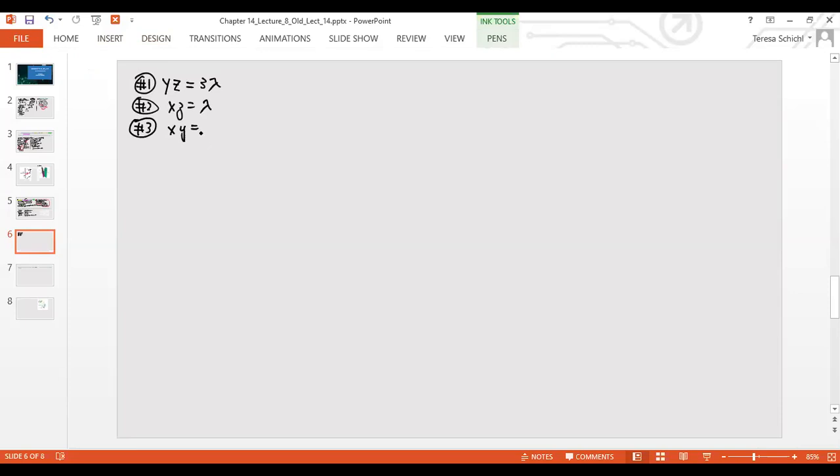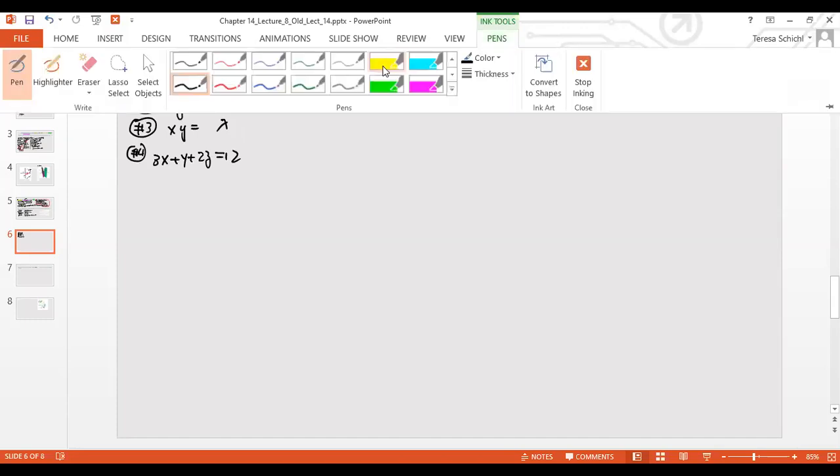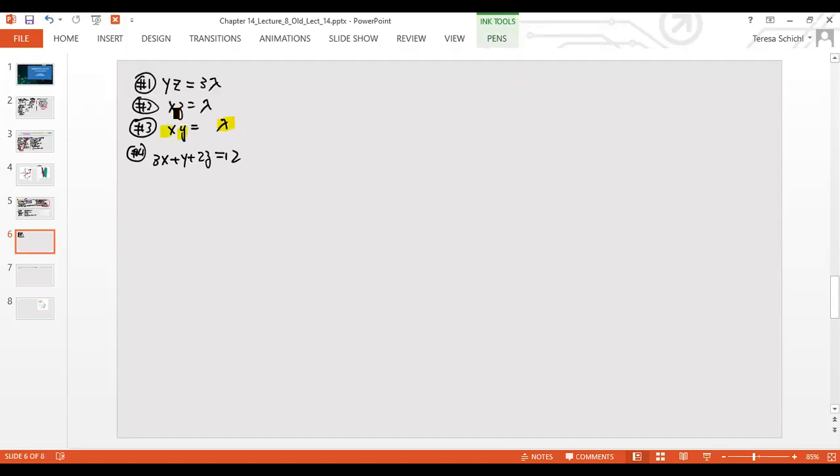And we still have our fourth equation, which is 3x plus y plus 2z equal to 12. So we have lambda, x, y, z: 4 variables with 4 equations.